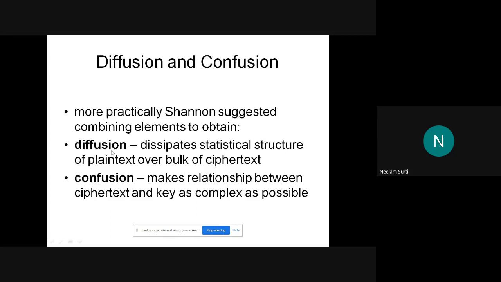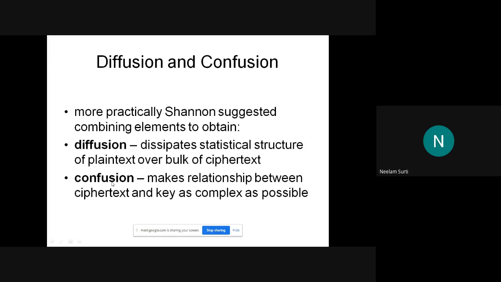The rule of diffusion signifies that it dissipates the statistical structure of plain text over a bulk of ciphertext. Statistical structure means a single bit of plain text affecting multiple ciphertext bits. And confusion means the relationship should be as hard as possible, but between which two things?